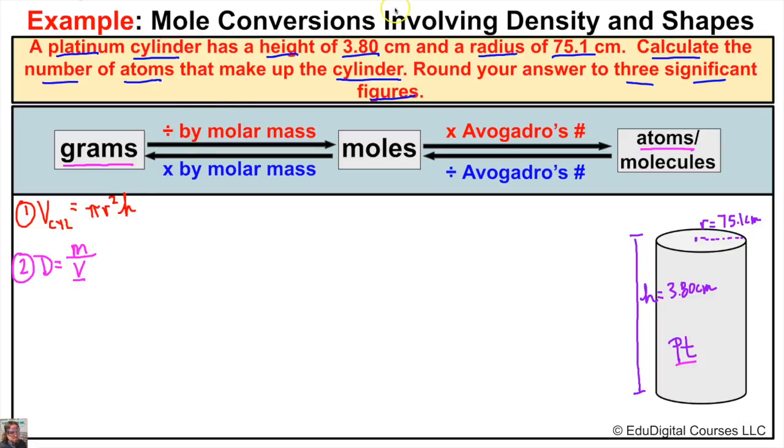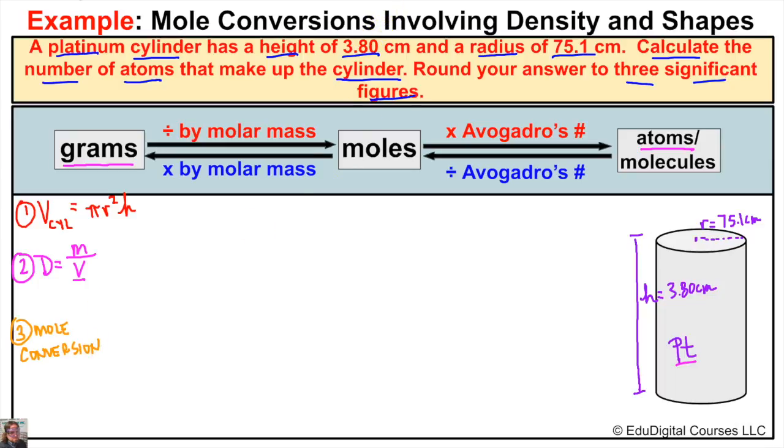And once we figure out the mass in grams, in step 3 we can figure out how many atoms there are in this platinum cylinder by running it through the mole conversion process. So in step 3, we're going to do some mole conversion to figure out the number of atoms that make up this platinum cylinder.